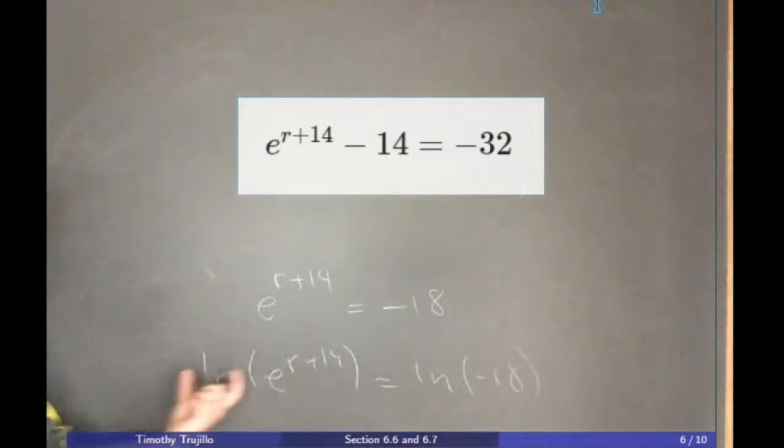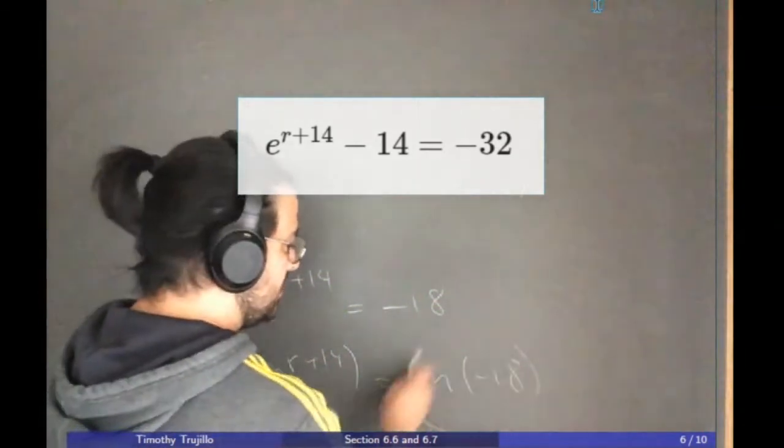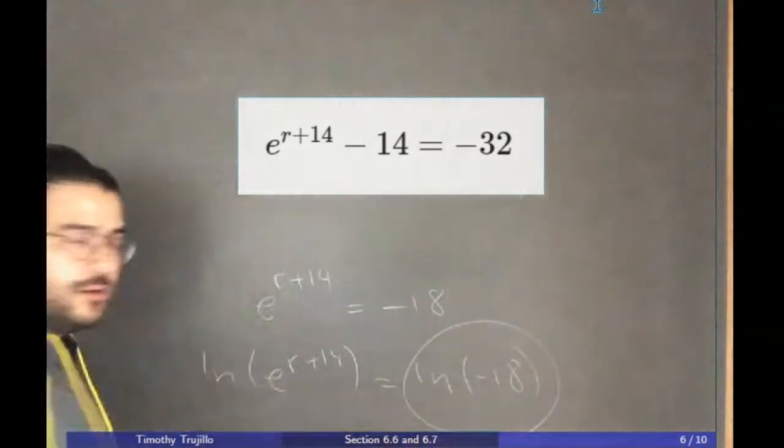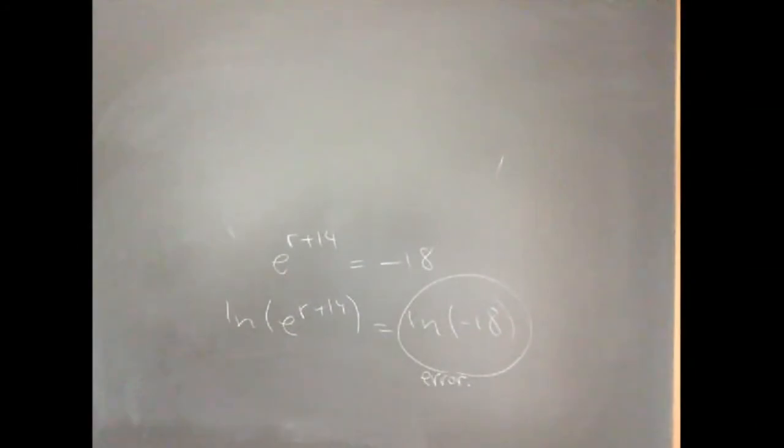And then you want to try and pull the e to the r plus 14 down to the front. But before you do that, if you type this into a calculator, you would get an error. And the reason why you get an error here is this is not in the domain of the logarithmic function, right? You cannot plug a negative number into a logarithmic function.